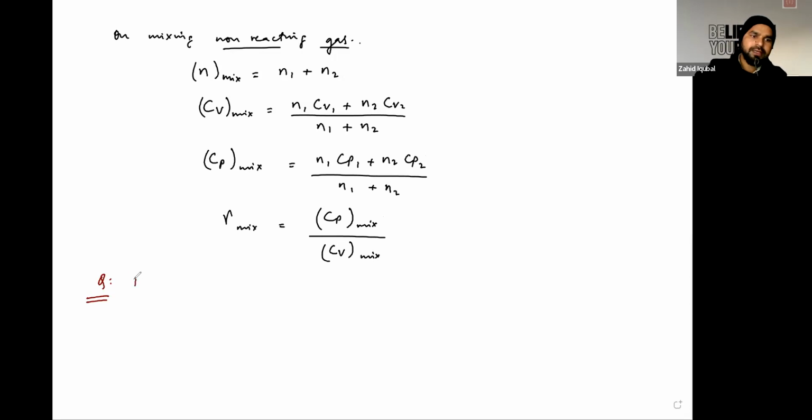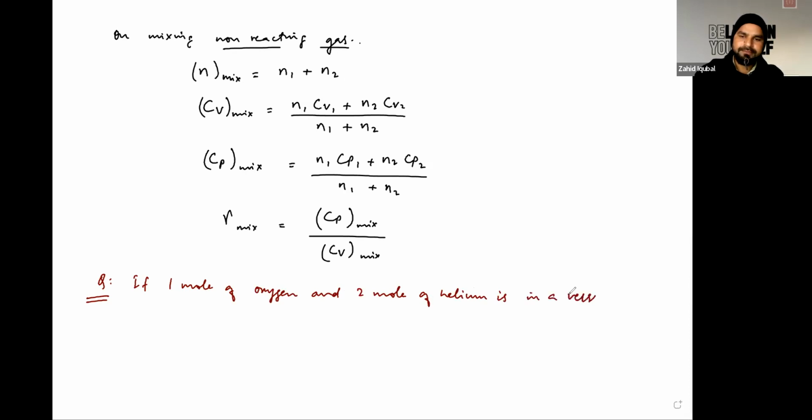You will be asked: 1 mole of oxygen and 2 moles of helium is in a vessel.